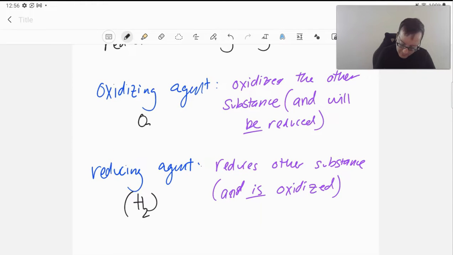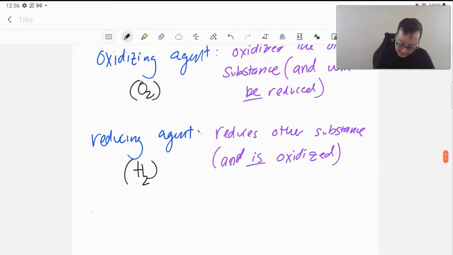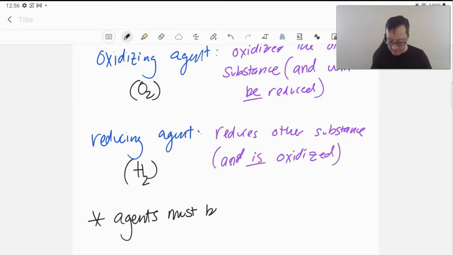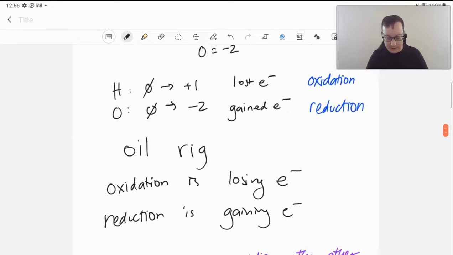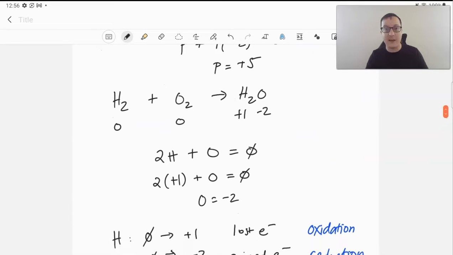And very importantly, your oxidizing and reducing agents must be reactants. So we can't just say H is our reducing agent, because in this chemical equation we don't have H anywhere. We have H2. So we want to find the substance that the hydrogen is part of.